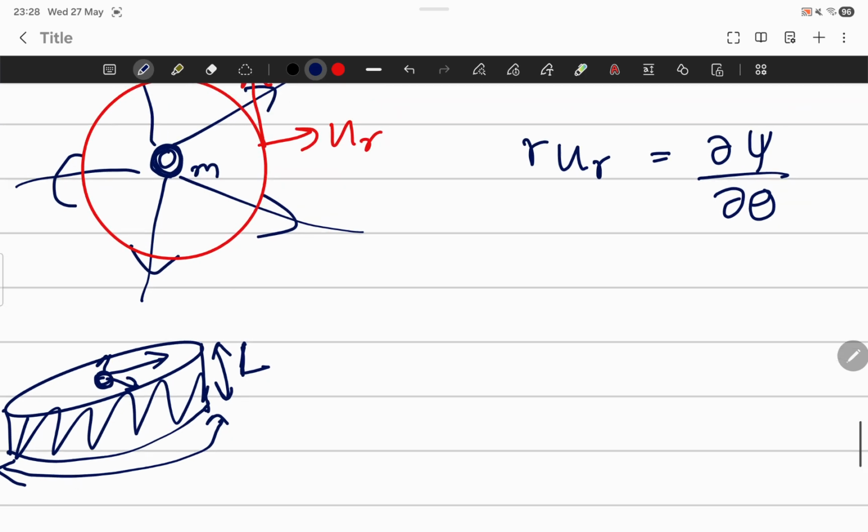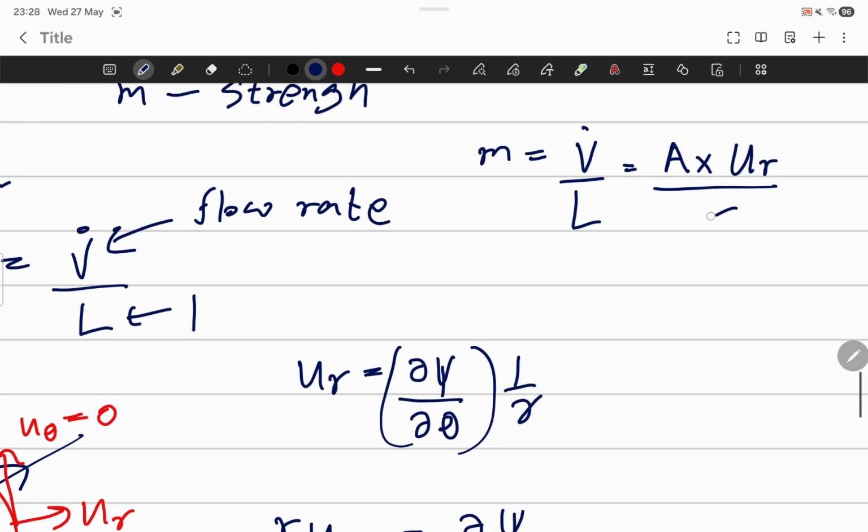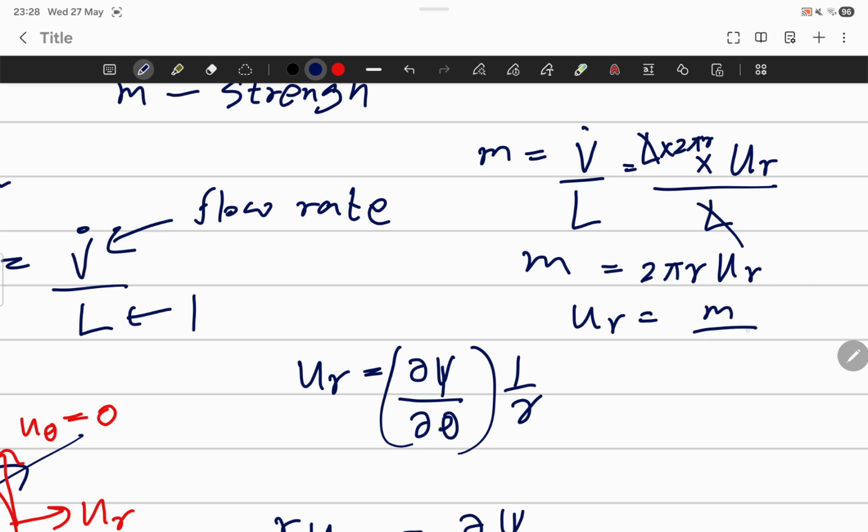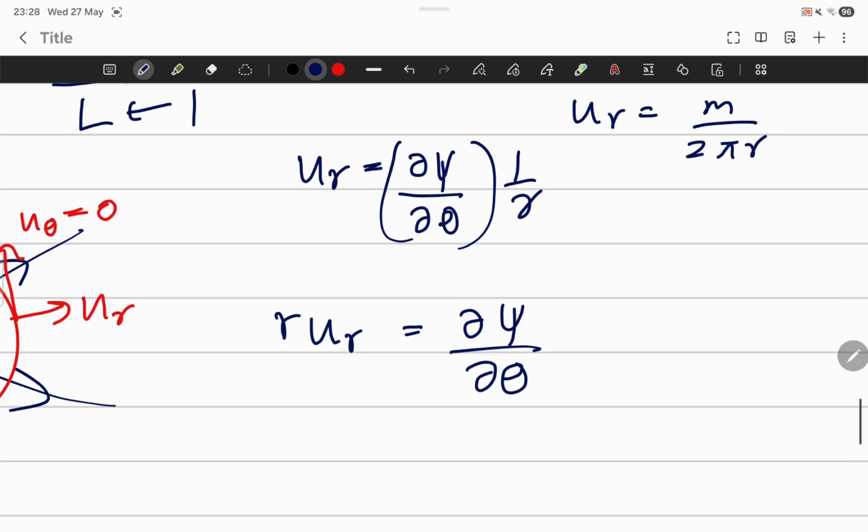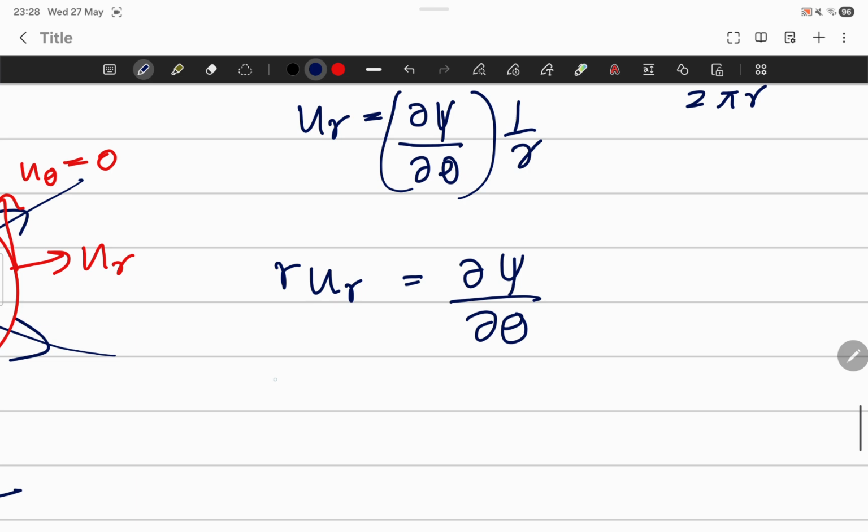So area is L times its perimeter, which is 2 pi r. So this should be L times 2 pi r, right? So L to L cancels out. So 2 pi r u r equals m, which is u r equals m over 2 pi r, right? So I can substitute that in here.